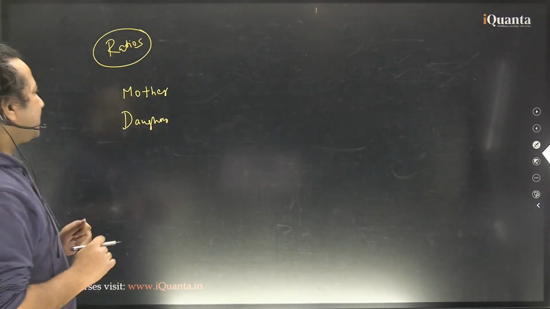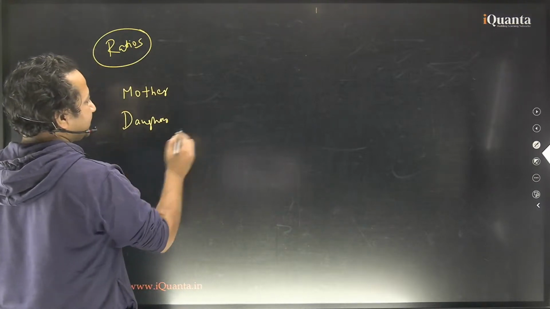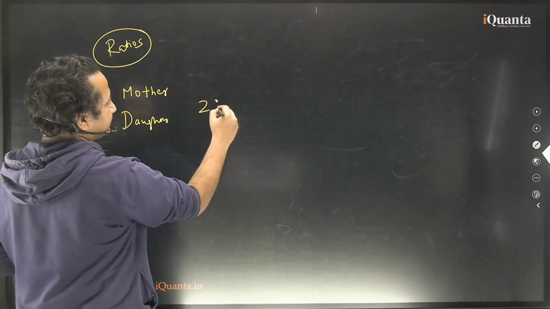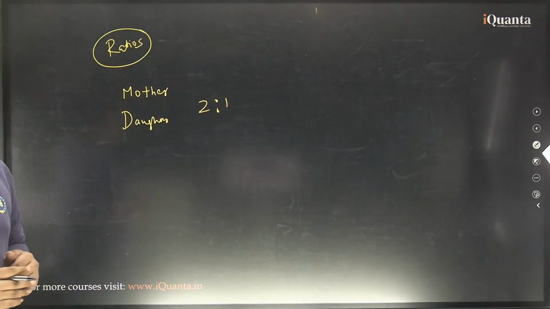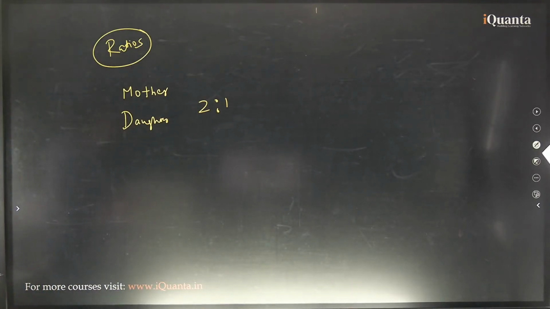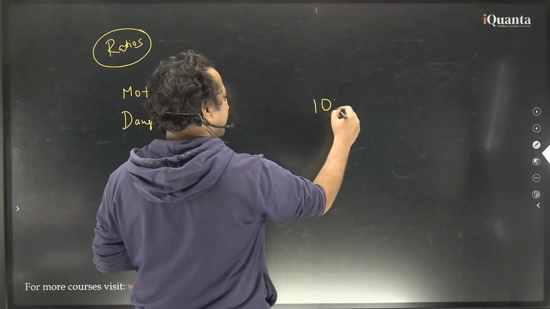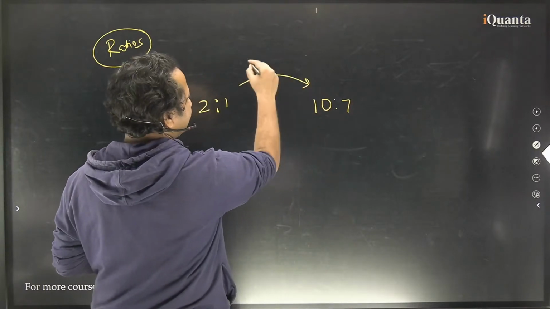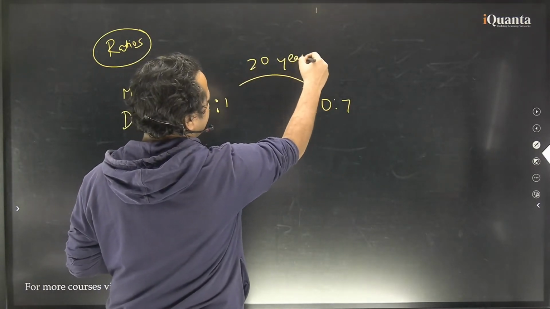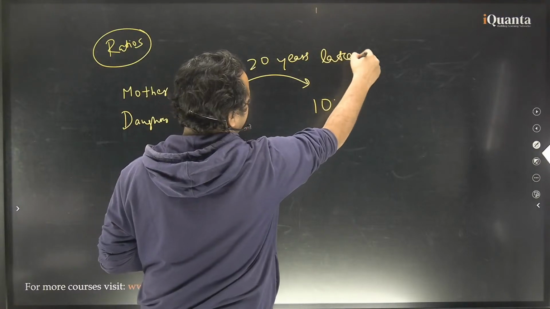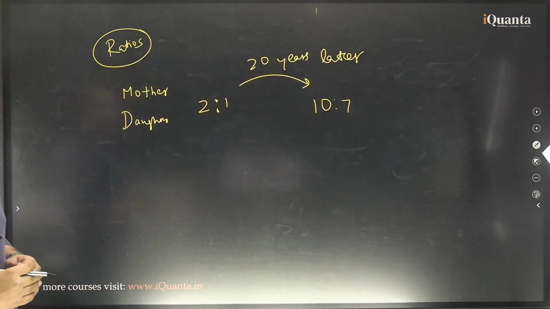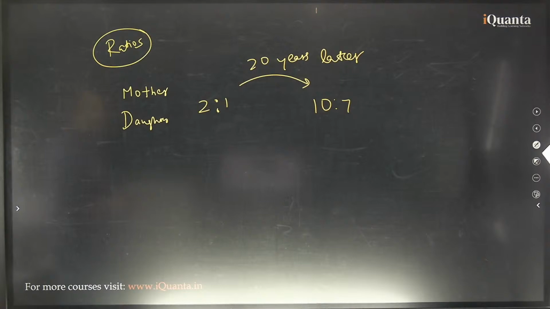So let's say the ratio of mother and daughter's ages is 2:1. And 20 years later, this becomes 10:7. That is 20 years later.